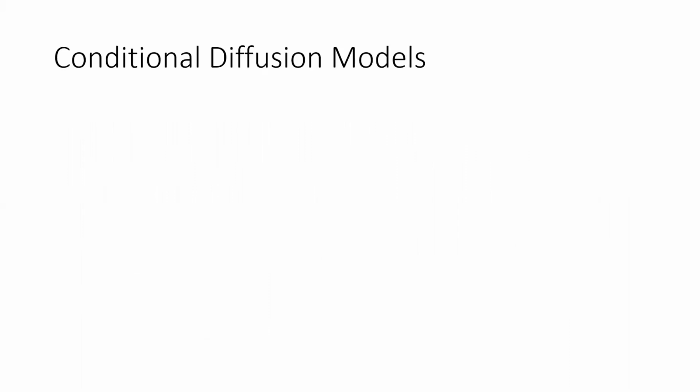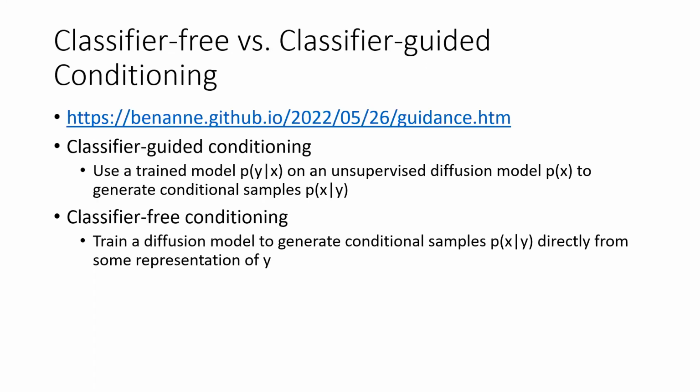So conditional diffusion models. There are a couple of ways that we can do this. And I'm going to provide you a link if you're interested in learning more, but there are two basic approaches to conditioning these diffusion models.